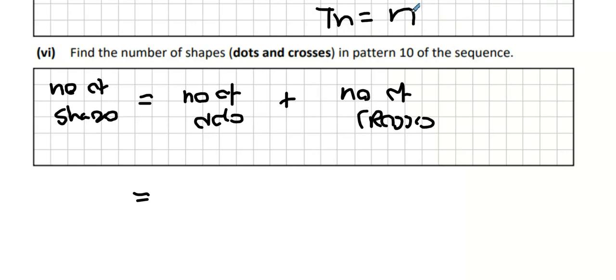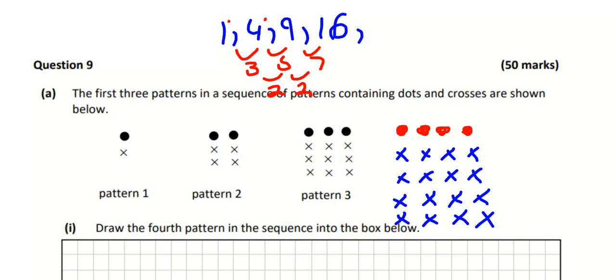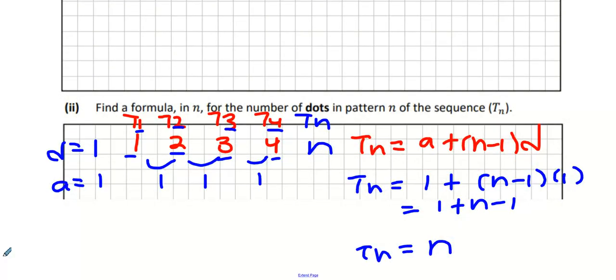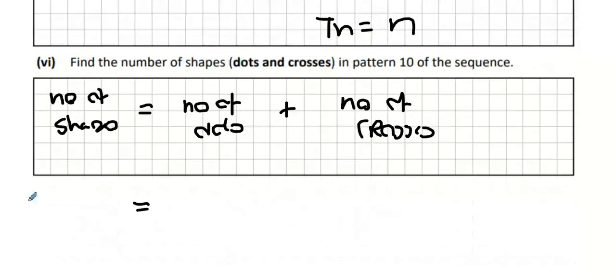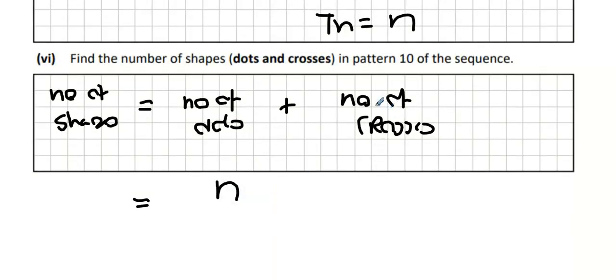I'll go back for a sec. Answer to part 2, that one there. Tn equals n. We won't redo it because we already have it. Is everybody happy that Tn equals n? And what about the crosses? What did we get for the answer for the crosses? Tn equals n squared. All right, happy days.